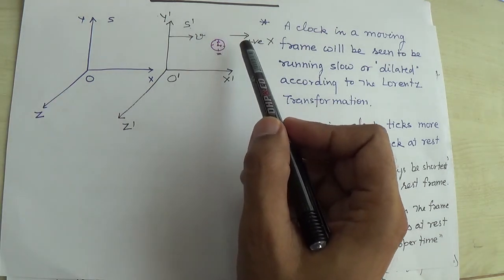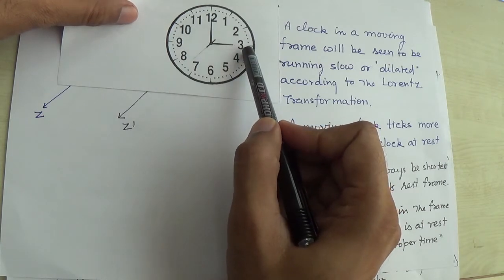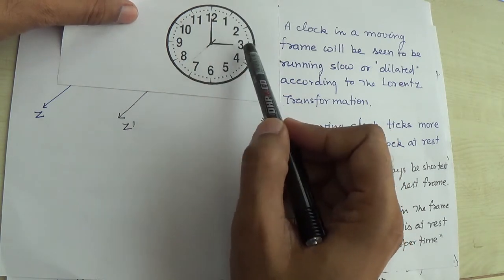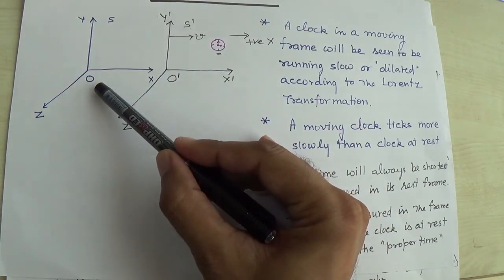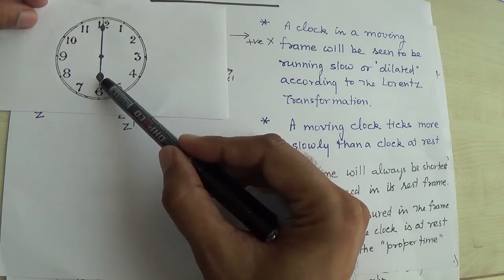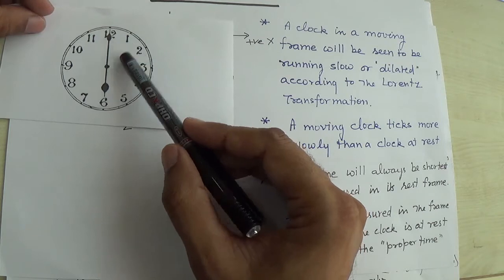So I am repeating again. Right now this clock is in a moving frame and the time is exactly 3. So how much time will it appear to the observer O? I have just taken the simplest example, and for the observer O it will appear as 6 o'clock.